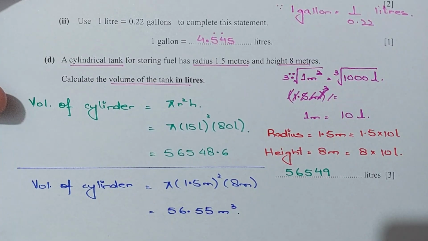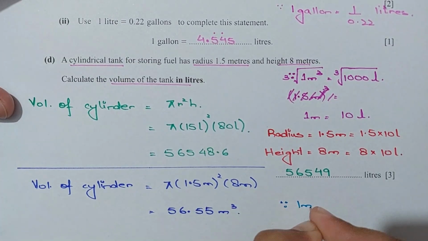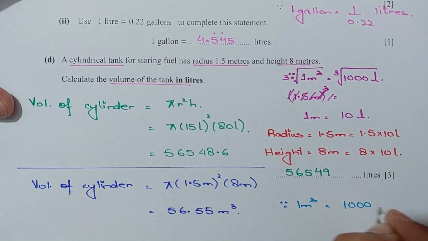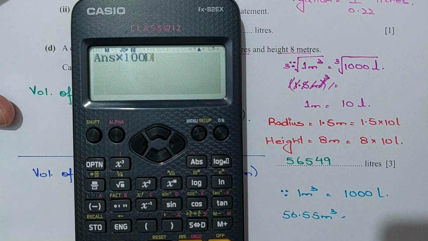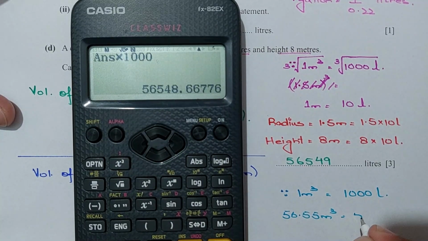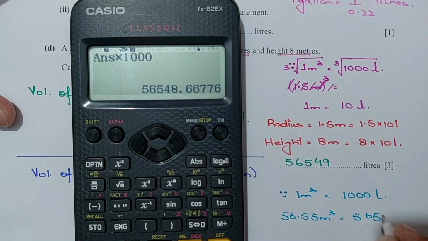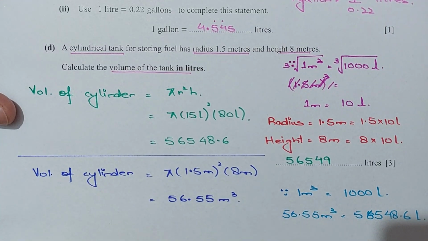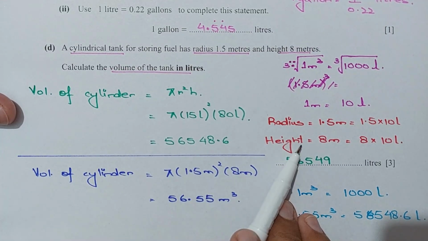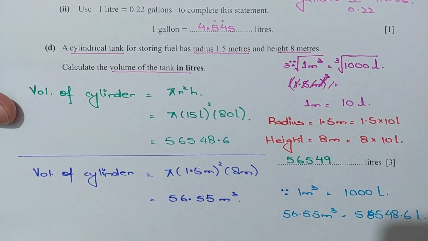Now at the end you can use the conversion that 1 cubic meter equals 1000 liters. So 56.55 cubic meters times 1000 is 56548.6 liters. So you will get the same answer from both. This is up to you, whatever method you like. Either convert the radius and the height into liters first, or at the end just convert your final answer into liters.